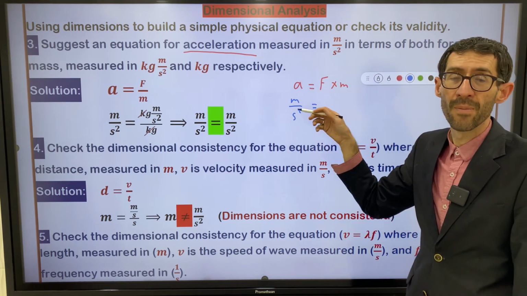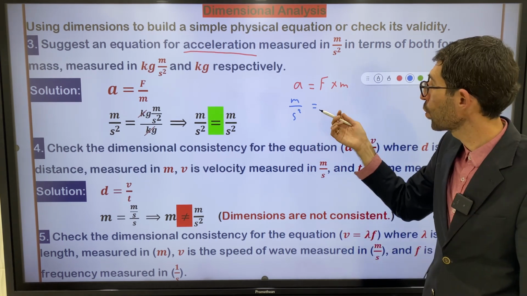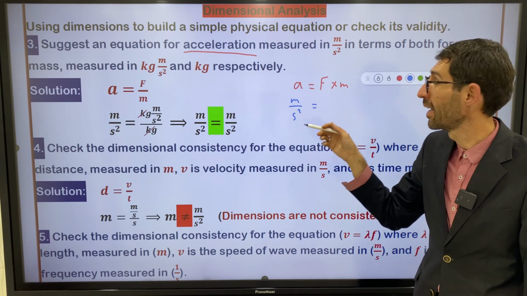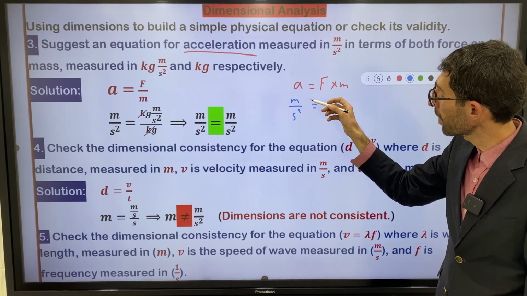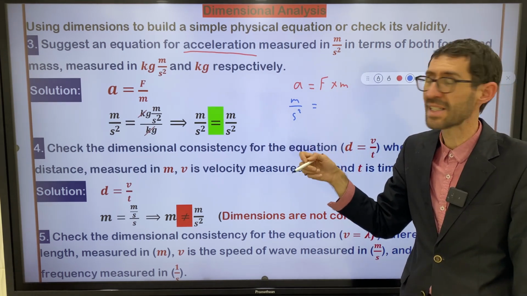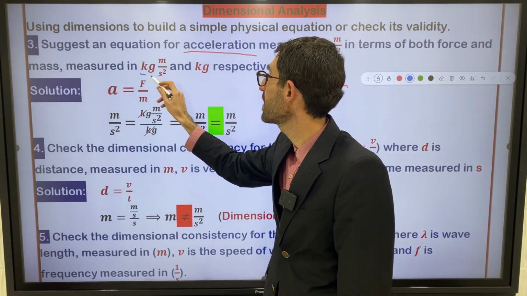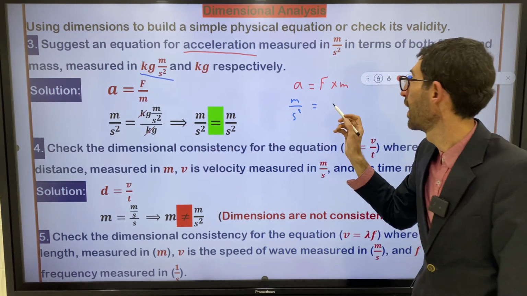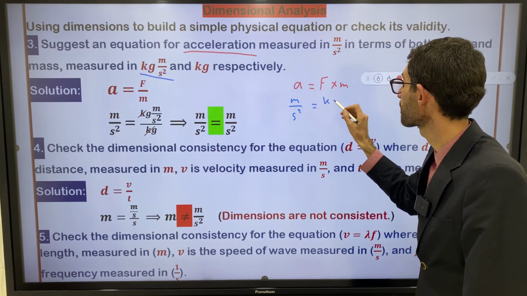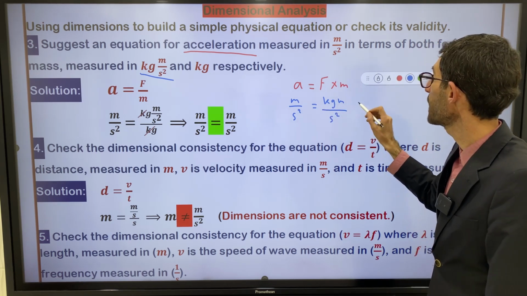So right now, there is no longer acceleration. I changed it to the unit. Acceleration is replaced by meter per second square. Force is replaced by what? Force is replaced by its unit, kilogram meter per second square. Multiplied by what?